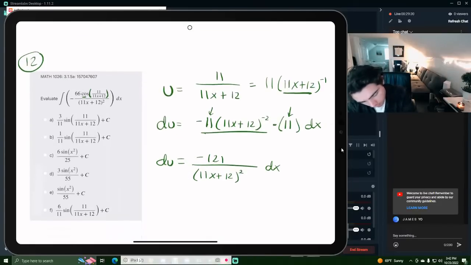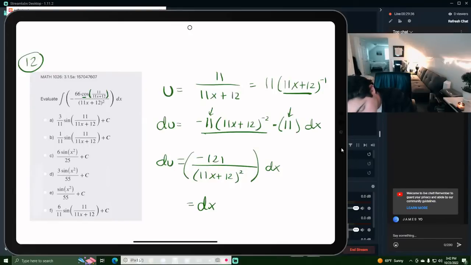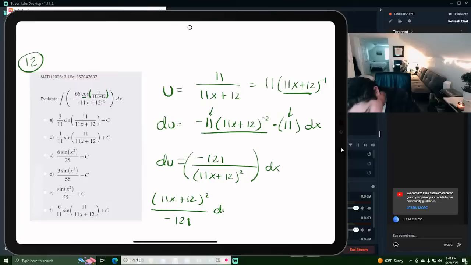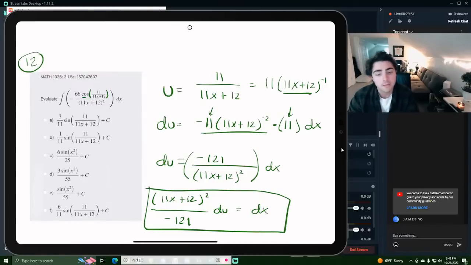And now we get dx by itself, so we'll basically multiply by the reciprocal of this quotient here. We will get 11x plus 12 squared over negative 121 du equals dx. So we multiplied by the reciprocal to get dx by itself.